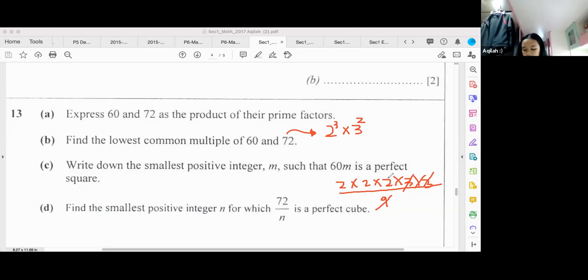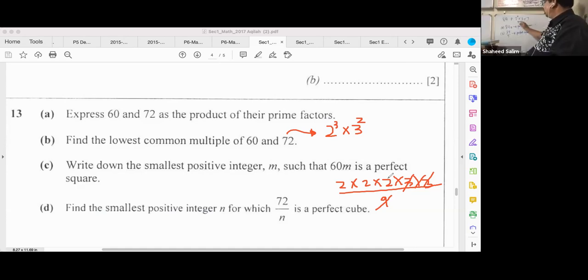X is 21. 21, yes. Because you need to have 2 groups, right? 2 times 3 times 7, so 3 times 7. Next one, this one. Hey, cannot. This one cannot. Sorry. Hey, can.